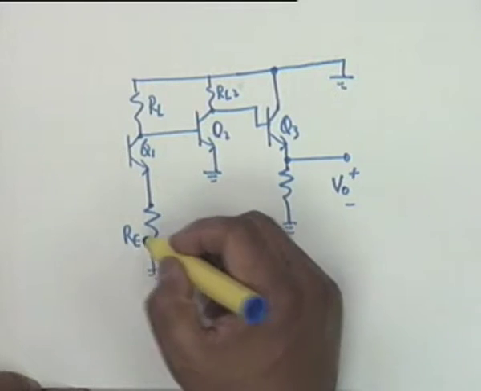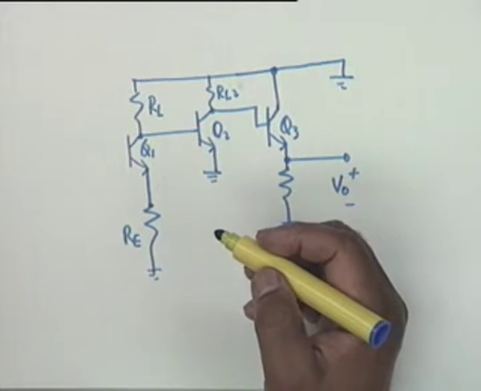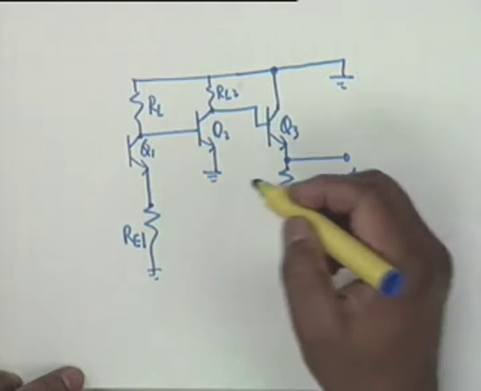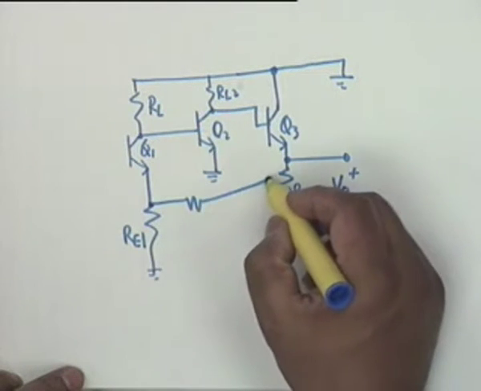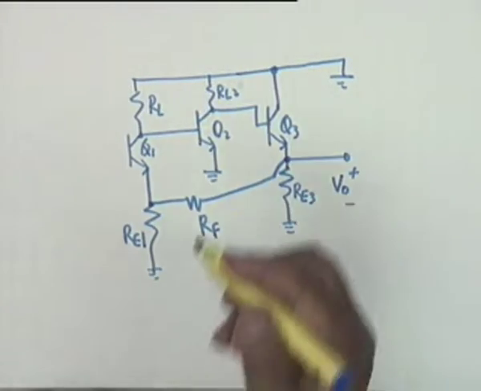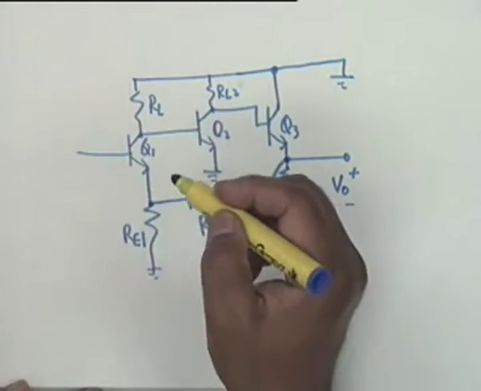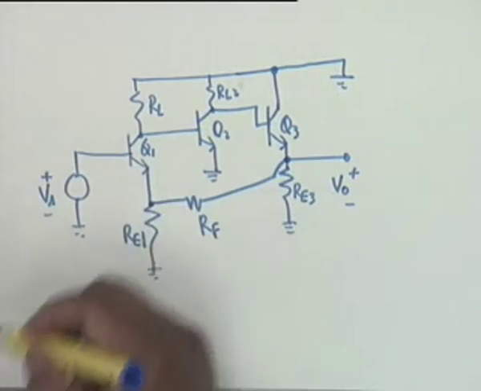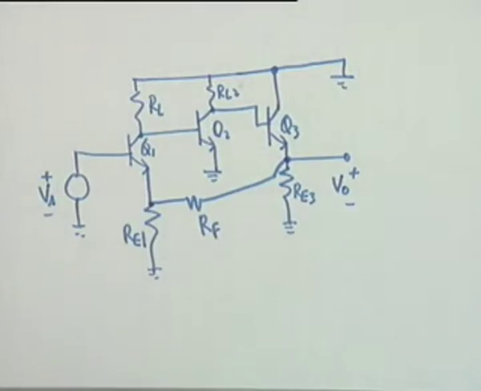Call this RE1 and this is RE3, and there is simply a resistance RF connected here. The source should be a voltage source, Vs. It is a voltage to voltage amplification.